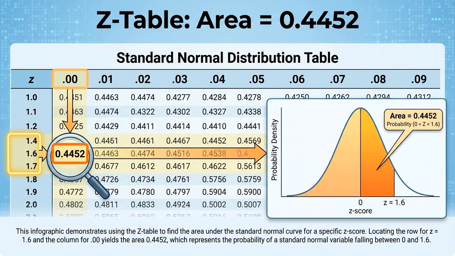Remember that the area to the left of 0 is 0.5, since the standard normal distribution is centered at 0. The area from 0 to 1.6 is then 0.9452 minus 0.5, which is 0.4452. This means that 44.52% of the students scored between 82 and 90.